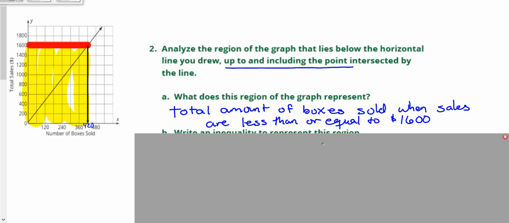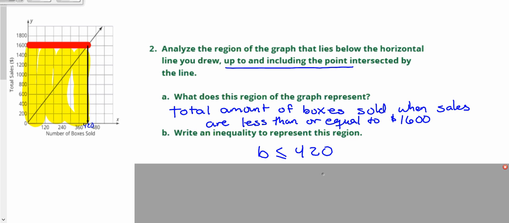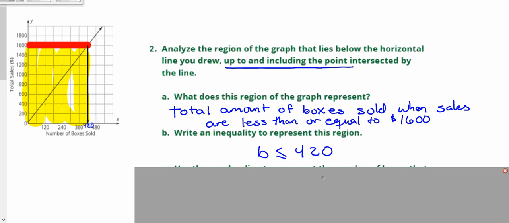Now, I want you to go ahead and try to write an inequality to represent this situation or this region. Remember, you want to look at it in the number of boxes sold. So it's going to be all the boxes that are less than or equal to 420. You could do it from the amount of sales, but the way that the book is leading us down, they want us to do it in the number of boxes. So it would be B is less than or equal to 420.